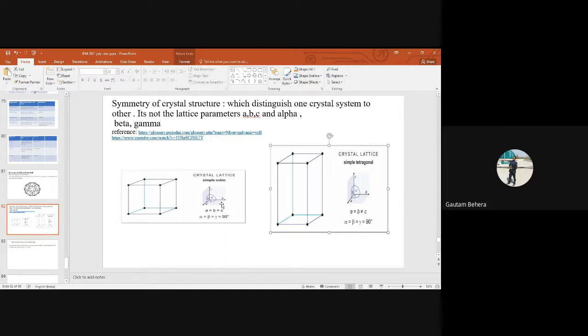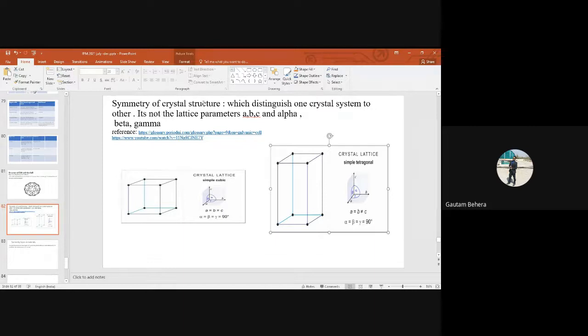Earlier, people thought that the lattice parameters A, B, C and the interaxial angles alpha, beta and gamma are the main reasons why we have different crystal systems. But this is not true actually. The truth is the symmetry of the crystal structure.